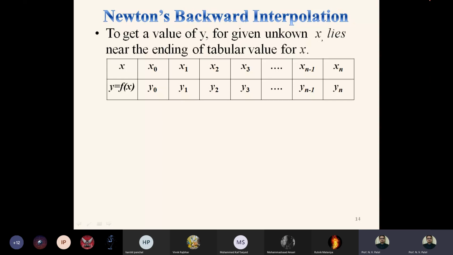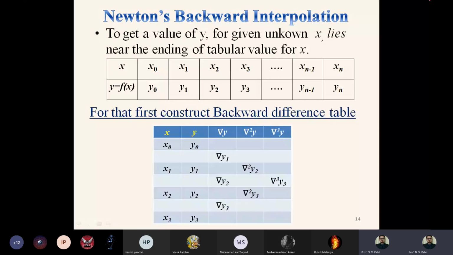But when we apply Newton's backward, to get the value of y for the given unknown x, this unknown x lies near the ending of our tabular values. Newton's forward interpolation is applied when our unknown x lies at the beginning of our tabular values, while Newton's backward is applied at the ending of our tabular values.